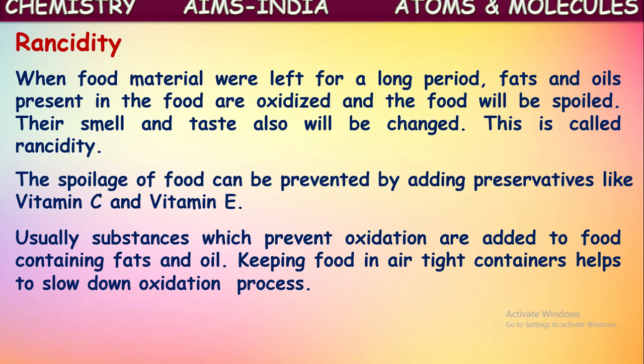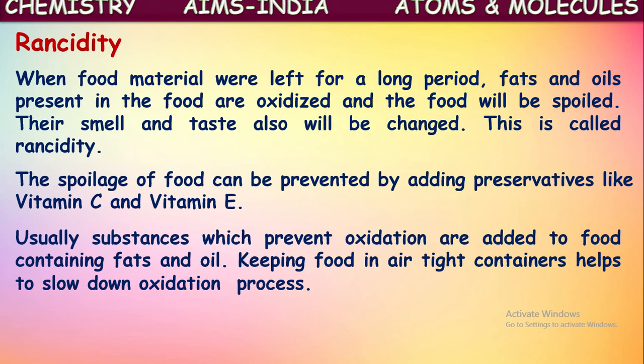Yes, mostly the food containing oils and fats will be spoiled very easily. They will get rancidity. To prevent this oxidation, generally they add some substances which control the oxidation of these oils and fats.